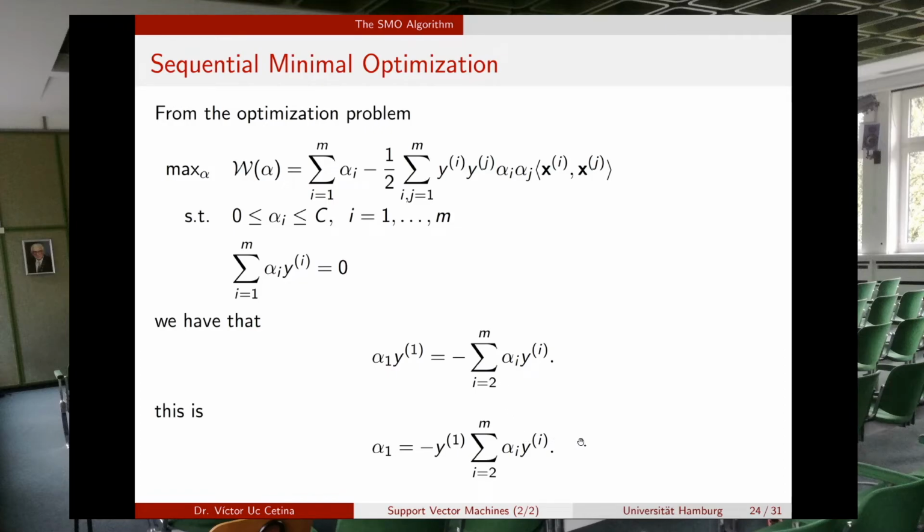And you can solve this for alpha 1, so we move also the y to the right side. So here you see an expression of alpha 1 in terms of the other alphas and y's.